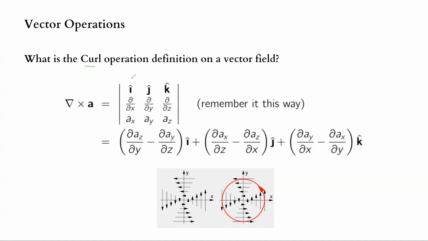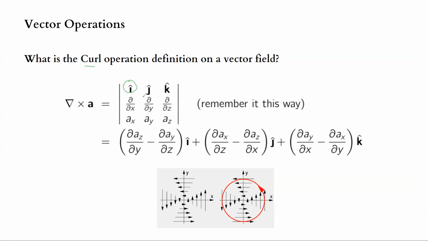So we are taking the determinant of one vector and another vector, where we define i hat, j hat, and k hat as the top row. And then we follow a certain procedure to find the curl value. So we are actually solving this determinant, right?